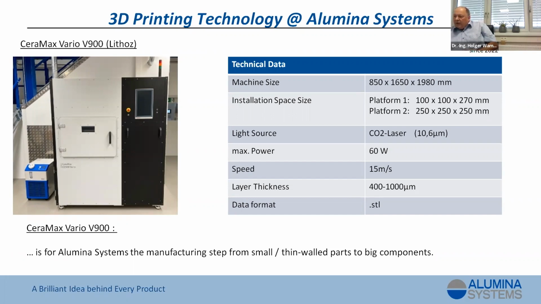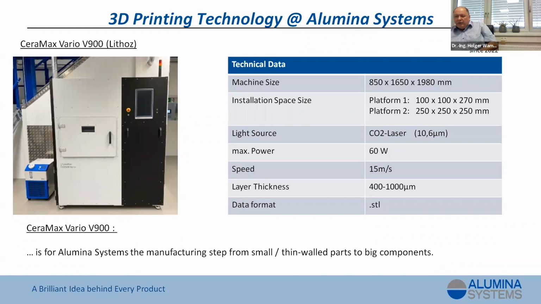And this method is very fast, so we can speed up here from 400 micron to 1 millimeter of layer thickness. That's 20 times higher than a normal LCM method.